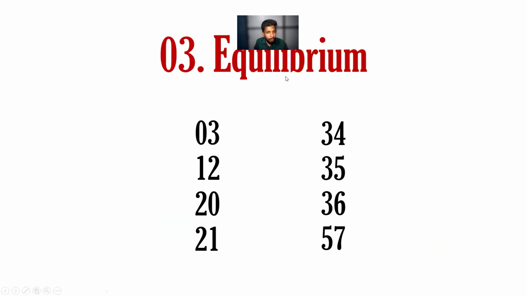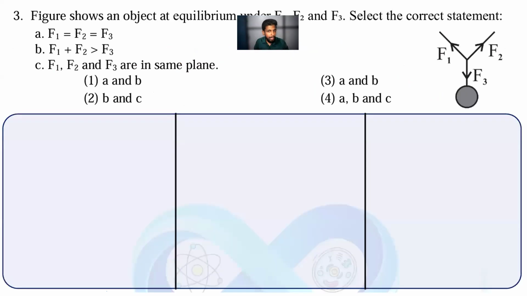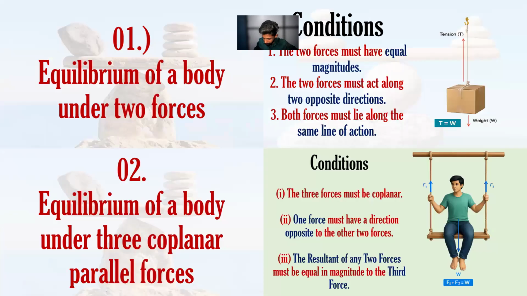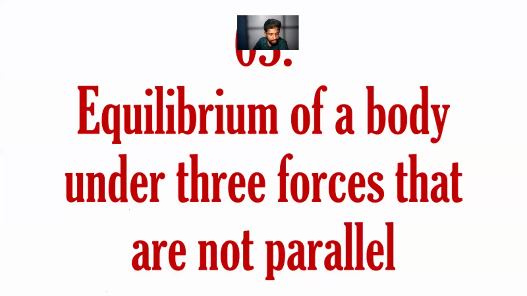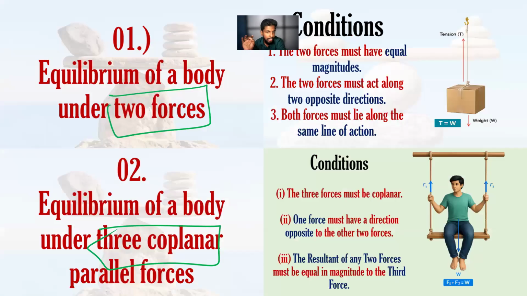Right? Now we'll move to the third part, one of the important parts, that is equilibrium. We have discussed equilibrium. You may remember yesterday we discussed it, right? There are 3 types of equilibrium: under 2 forces, under 3 forces parallel, and under 3 forces not parallel. Just try to get the idea.